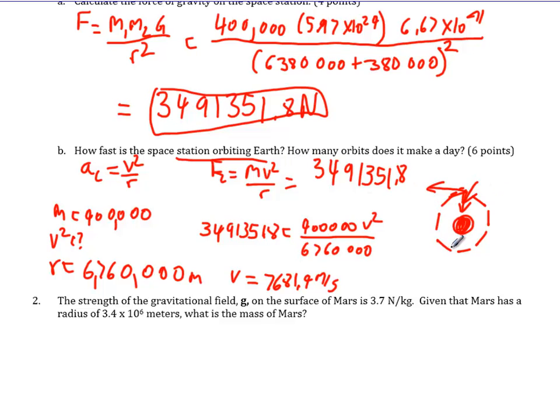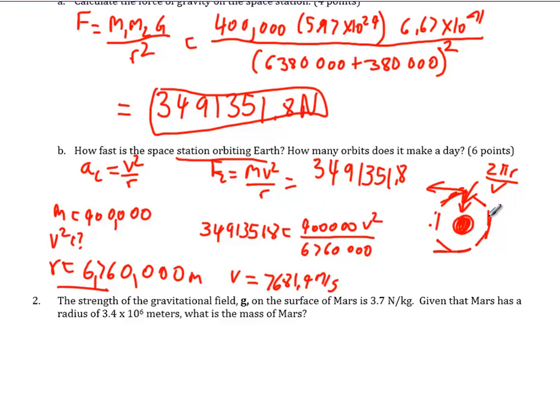And how many orbits does it make a day? Well, you got to stop and think, how far is it going? This distance is 2 pi r. There's your radius right there, 2 pi times r. That gives you how far it goes, and then you divide that by its velocity. 2 pi r divided by the velocity tells you how long it takes to make one revolution.